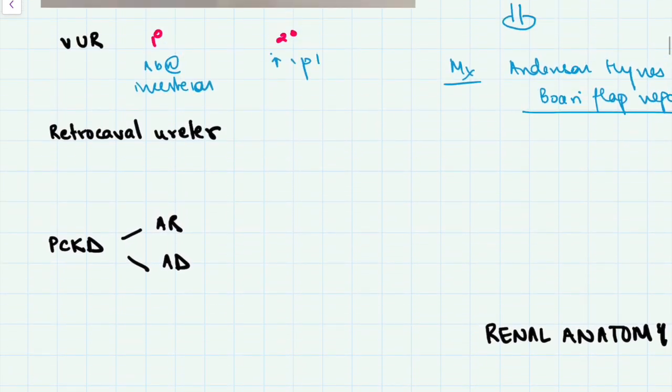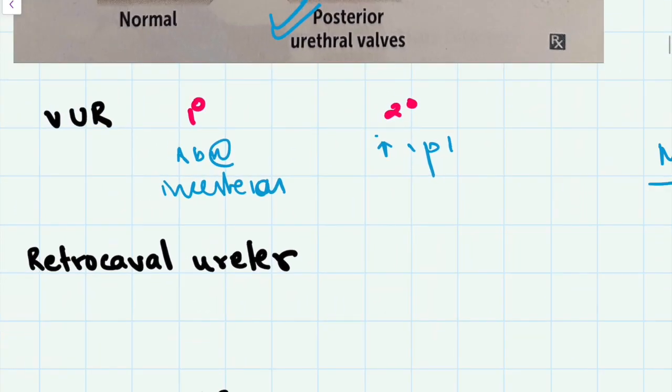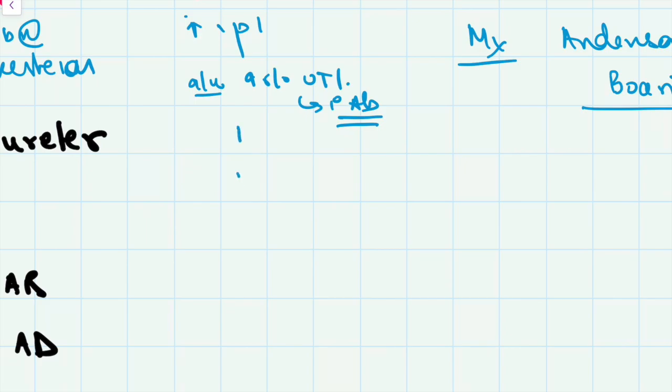Now, VUR is associated with increased risk of UTI. Therefore, prophylaxis with antibiotics is done in case of a VUR. For grading of VUR, there are 5 grades. Right. In grade 1, there is minor reflux into the ureters.